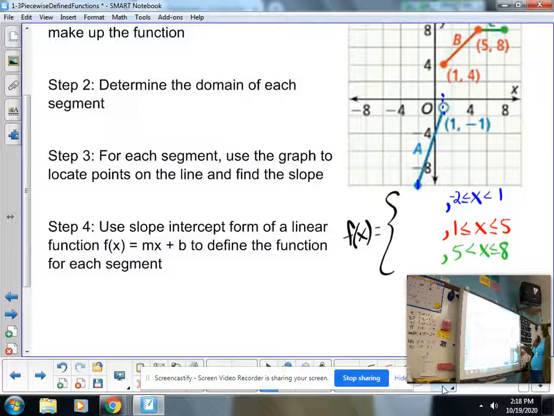So because we determined that the 5 in the red was closed, the 5 in the green has to be open. You cannot have 2 closed dots that are existing in the same spot, otherwise it would not be a function. So we have to make a determination there of which one is closed, and we decided that the 5 was. So now we're going back to the blue line.